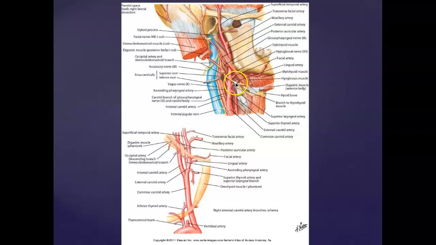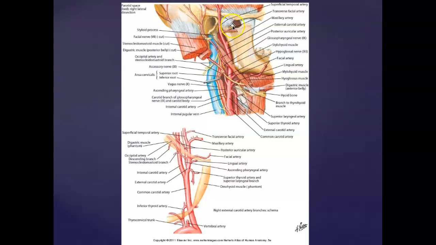You have the lingual coming up here to the tongue, and the facial artery coming off of that. You can also see the hypoglossal nerve, cranial nerve number 12, exiting over the top of these, next to the lingual and the facial. This continues up. Here's the occipital, the posterior auricular branch this way, and then here you can see the maxillary branch this way.